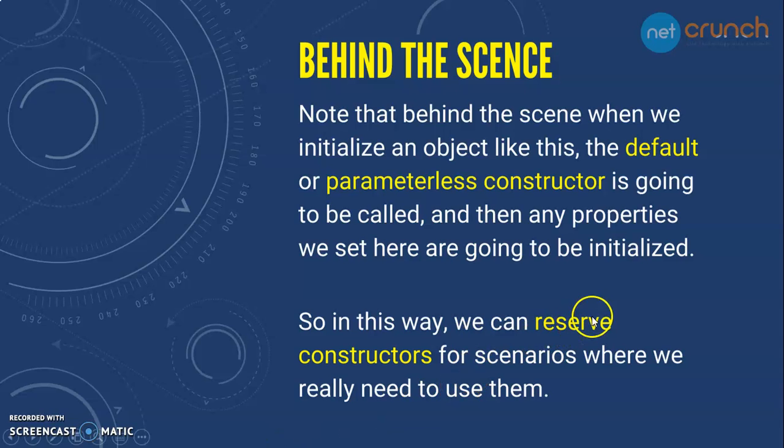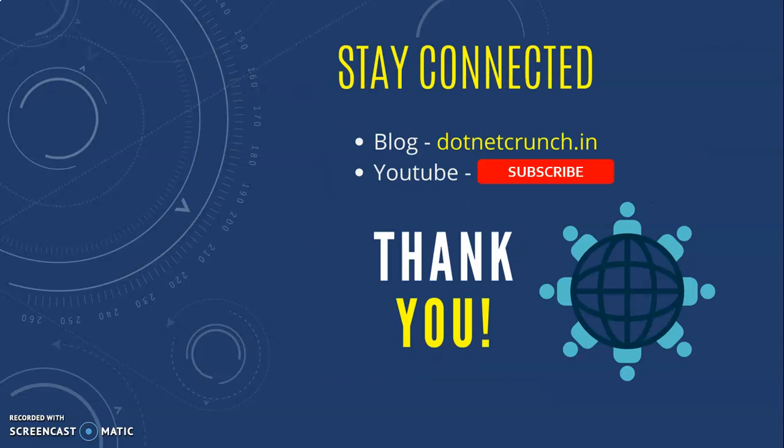In this way we can reserve constructors for scenarios where we really need to use them, and unnecessarily we don't keep on creating overloads of constructors. So this concept was introduced just to make our life easier. That's all, guys, on object initializers.